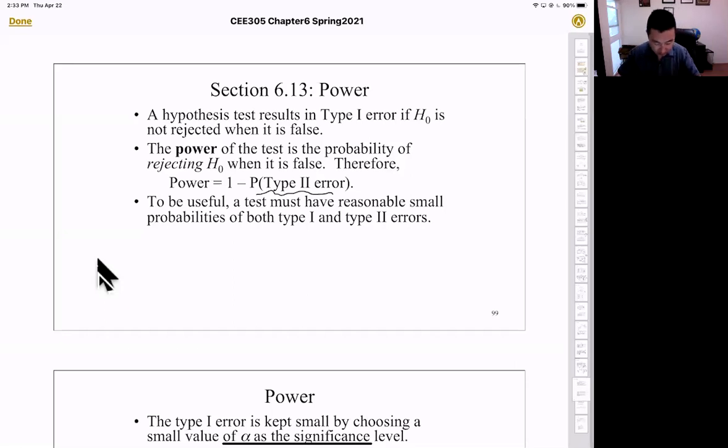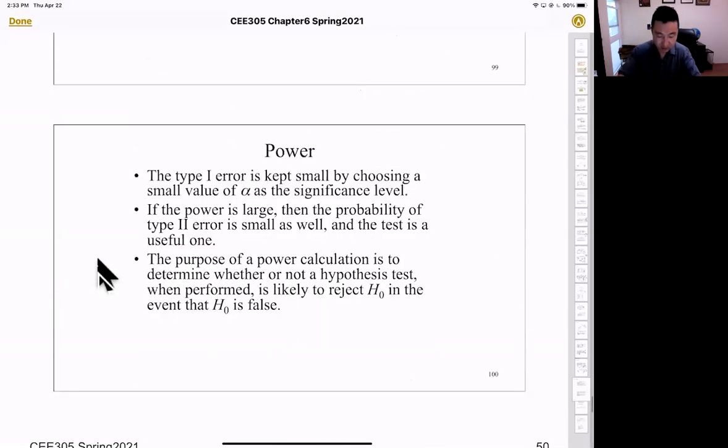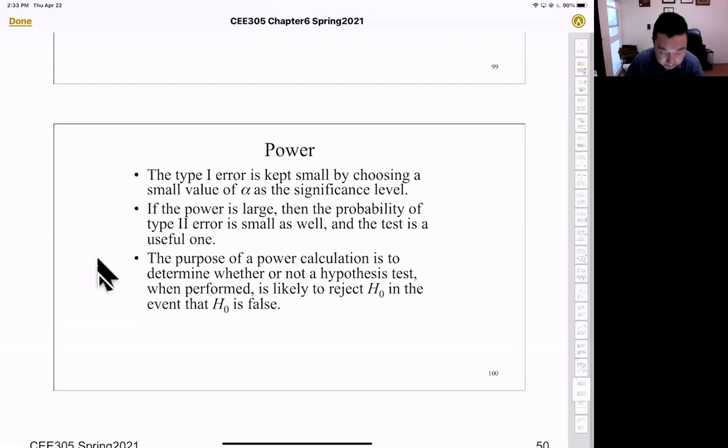For type 1 error, it's easy. We can keep type 1 error small by choosing alpha. Alpha is the level of mistake we can make. Alpha is normally chosen as 5%, so type 1 error is less than alpha.